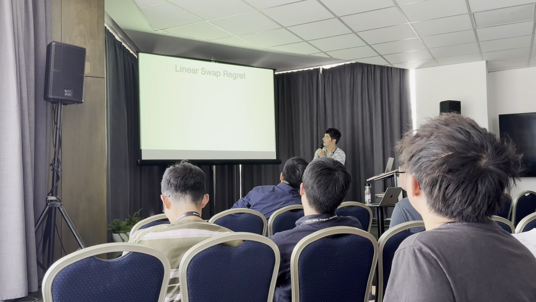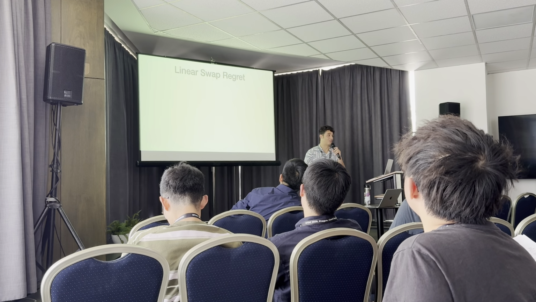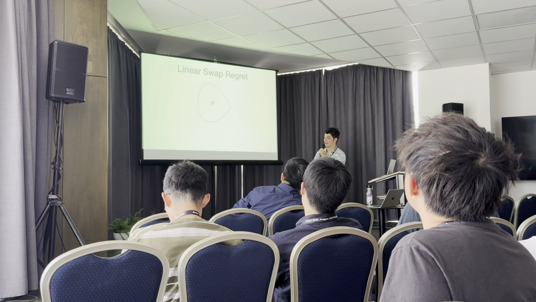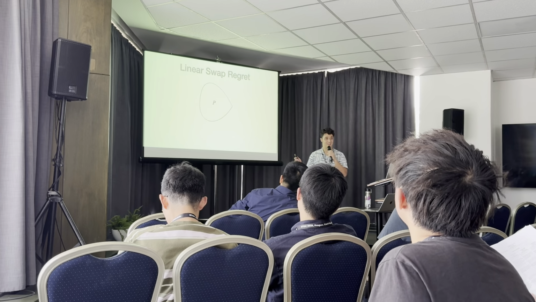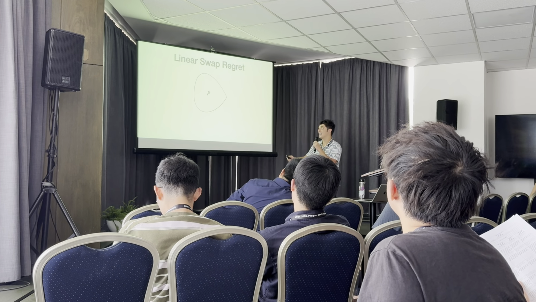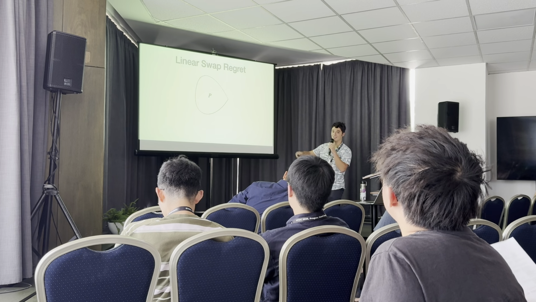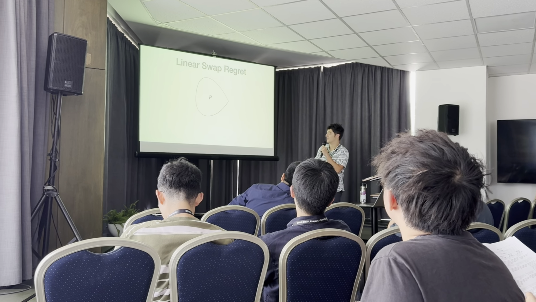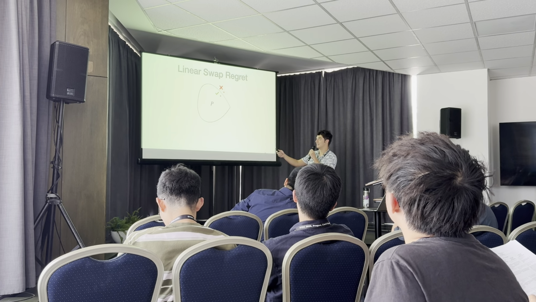Okay, so let me just talk about the punchline of this talk. We're going to minimize linear swap regret over a completely arbitrary set of actions. We're not going to assume that the set of actions is nice at all, or has any concise description. We're just going to assume that we can efficiently query this action set.